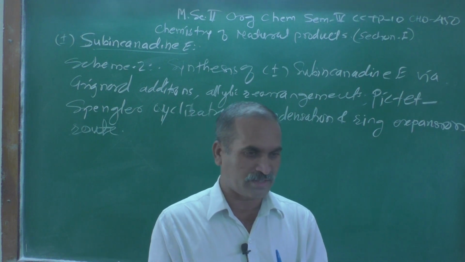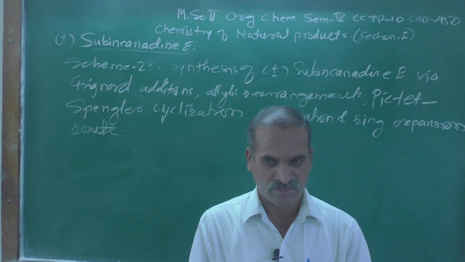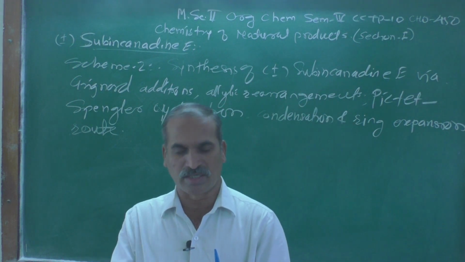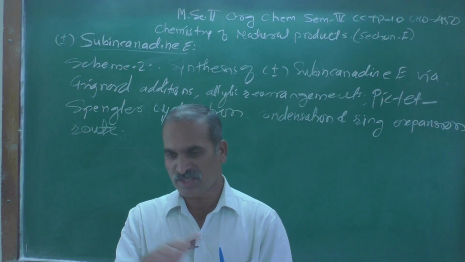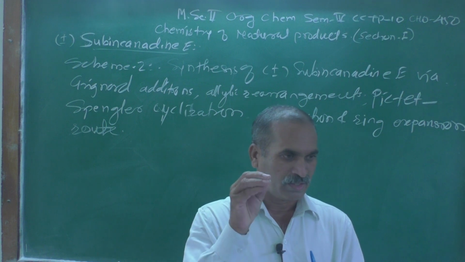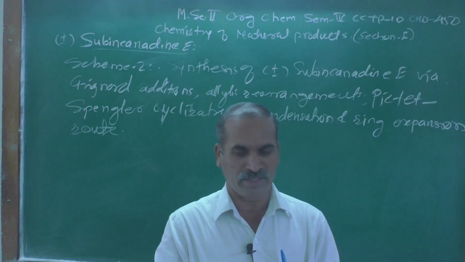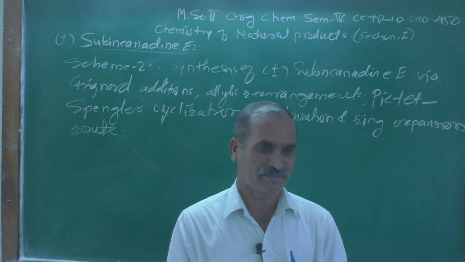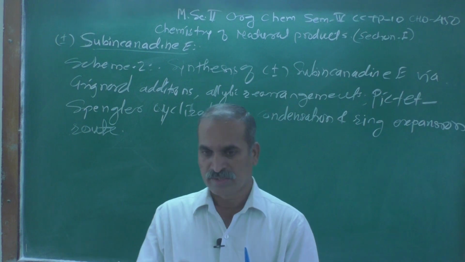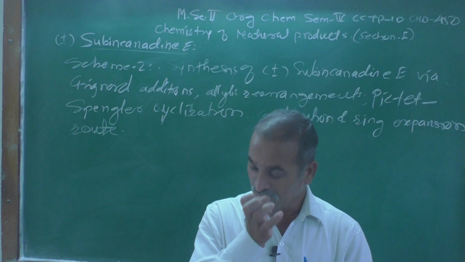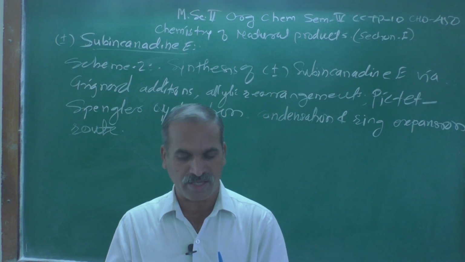Scheme number 1 represents the concise retrosynthetic analysis of plus minus Sabine Canadian E. In the introductory part we discussed that there are plus minus Sabine Canadian A to Z, near about 7 molecules or organic compounds, which have been synthesized in the laboratory by using different reagents and reaction conditions, and they have got various percentage yields in every step.